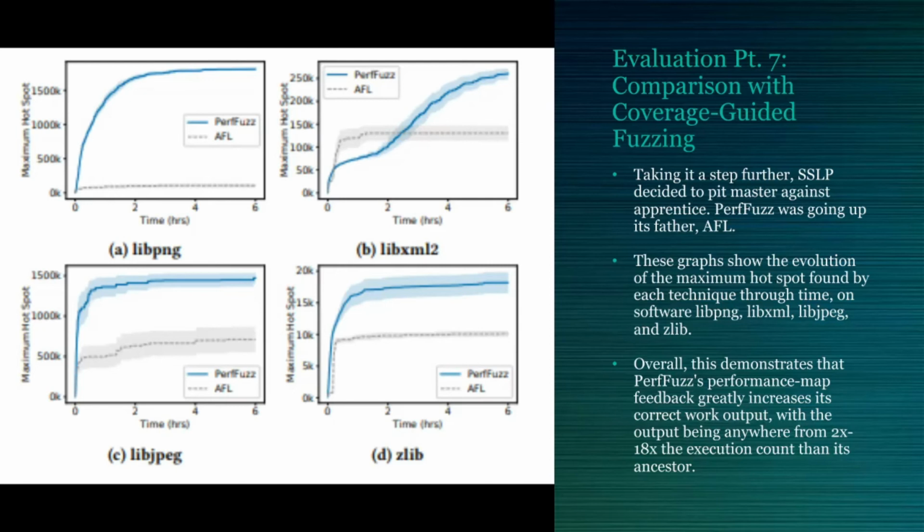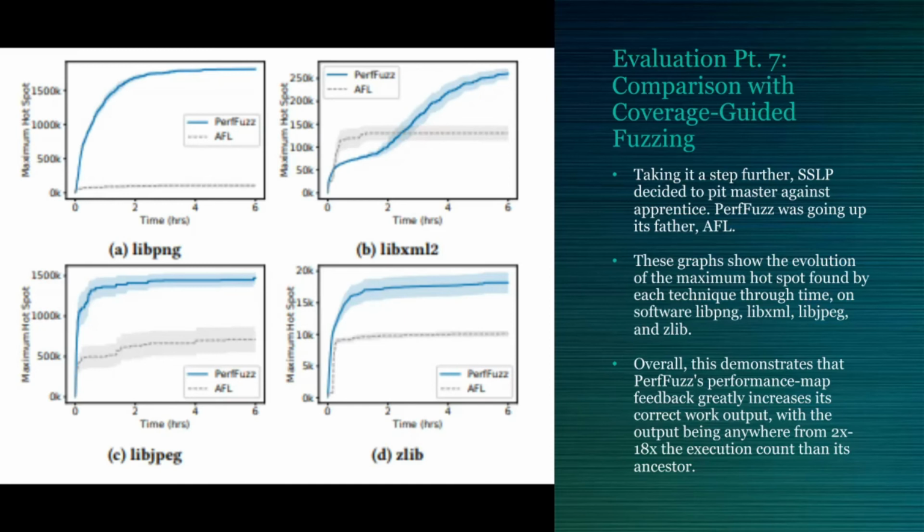On the other hand, PerfFuzz finds a hotspot with 2 times the execution count after 6 hours. However, by the time PerfFuzz gets up to where it needs to go, it's found one that's 2 times worse than the one that AFL sticks with.